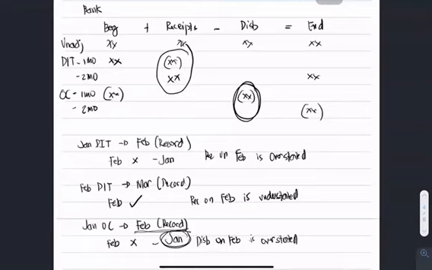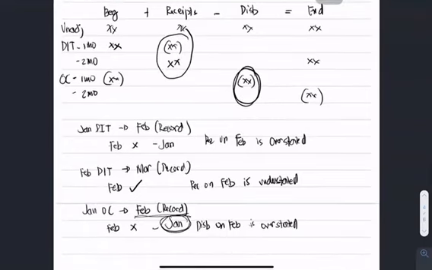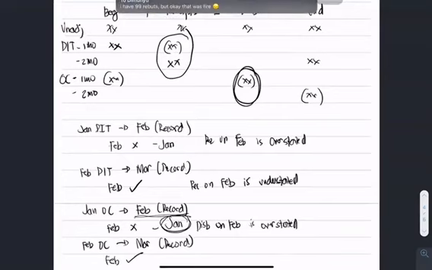How about the February outstanding check, or the second month outstanding check? So the February outstanding check will only be recorded on March. It will be recorded on March, but it pertains to February. Okay.